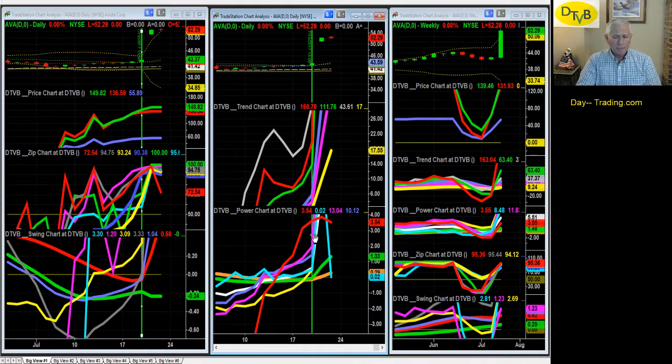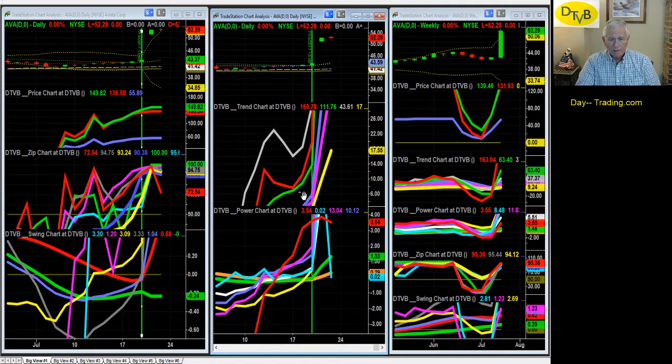We'd certainly pick it up in other ways, but we don't necessarily see it under a trend red crossover green scan, because we have the swing gray crossover 0 scan. We have Zip Zion lowest scans. We have all kinds of them. But the point I'm trying to make is we wouldn't pick it up on that particular scan.